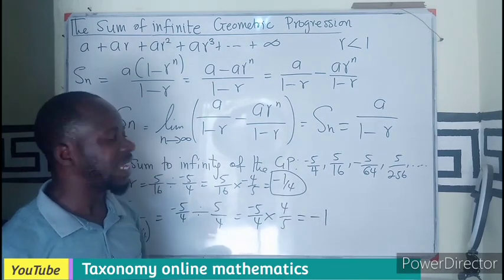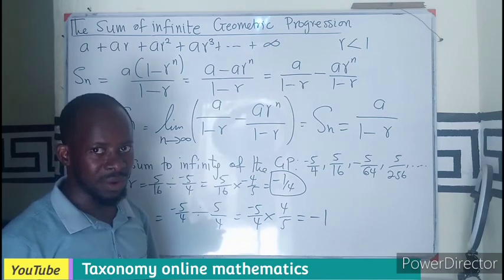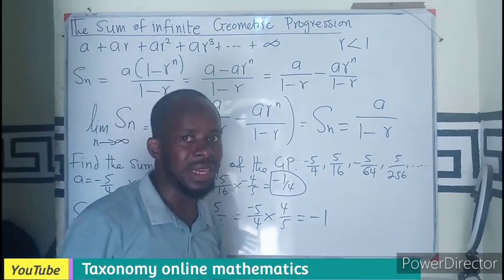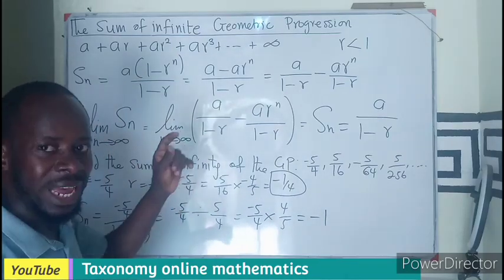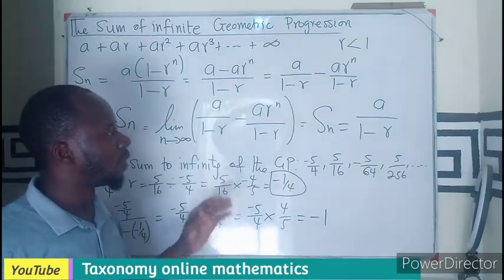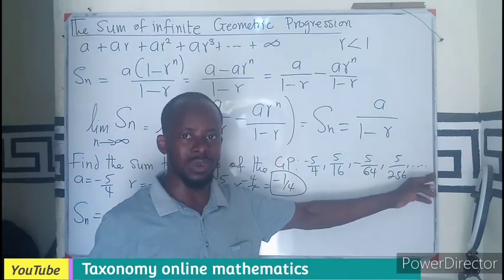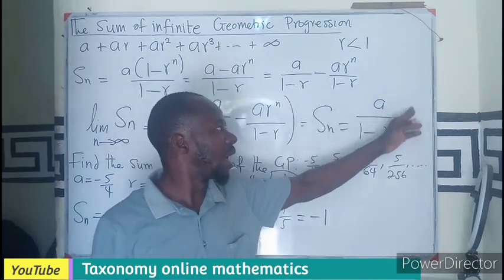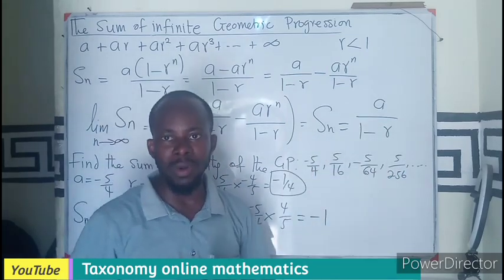So this is how we find the sum to infinity of a GP. I believe the concept is clear. It's a little bit different from the sum of the n terms of a GP. So the moment the GP continues, and we are asked to find the sum of all the terms, then this formula comes in handy. I believe you follow the concept.